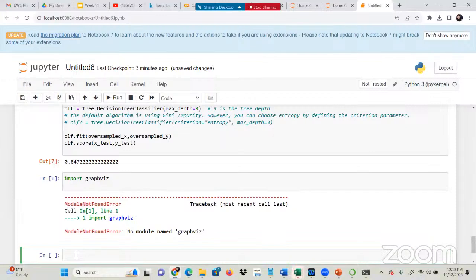It still tells me no library. Okay, I guess I cannot solve it here in this class, so you can try this code by yourself, okay, and see how this tree looks.